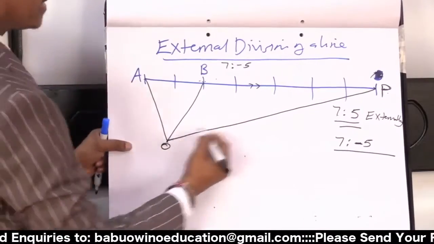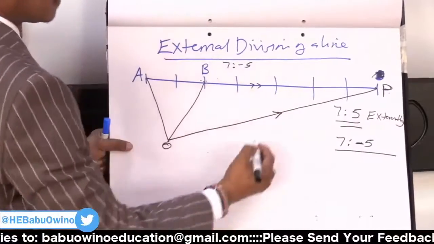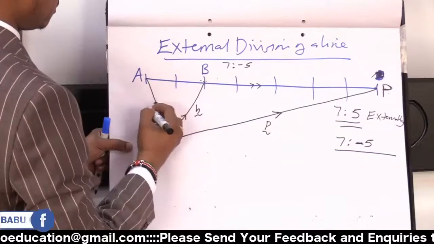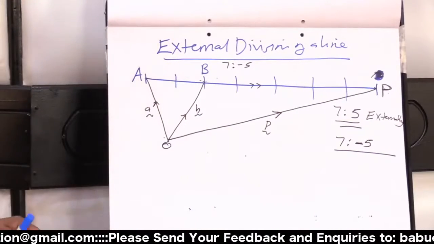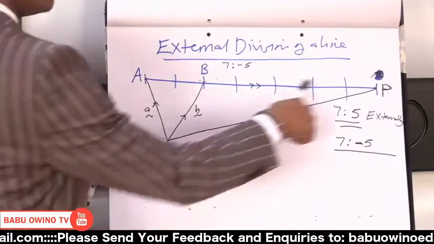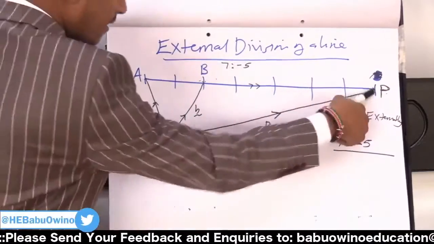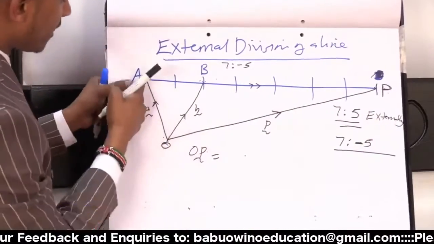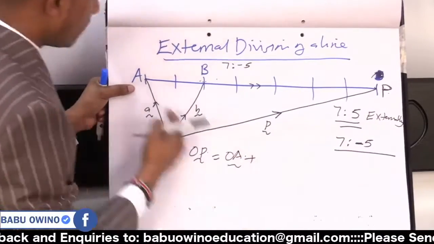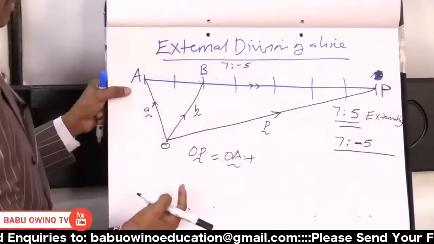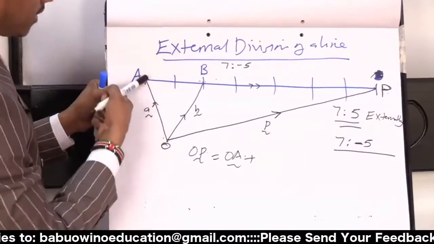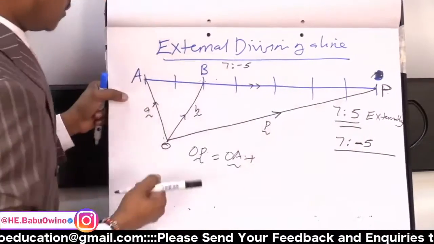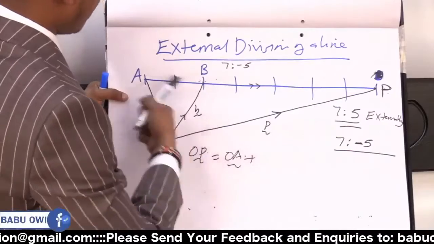So when we use our method, this is O, this is P, OB is B, OA is A. We want to get the position vector OP. OP is equal to OA plus AP. I want to reach this point. So how do I reach? Like this, OA plus AP.